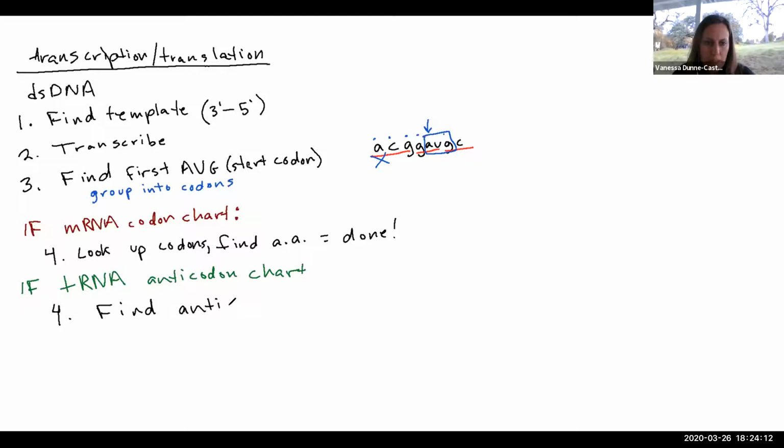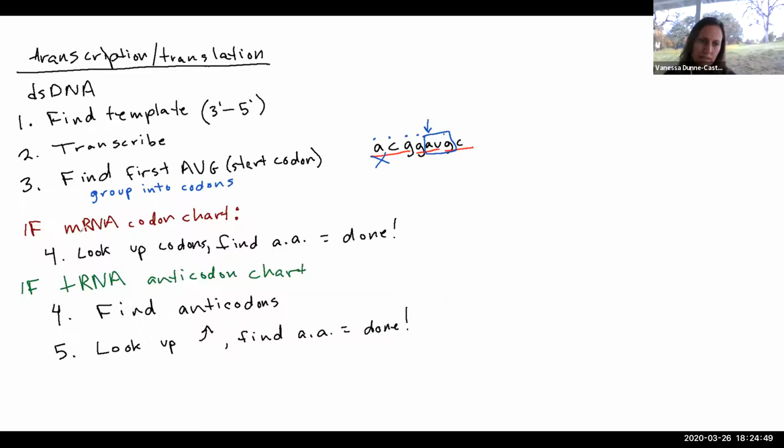In other words, if your first codon is AUG, then your first transfer RNA anticodon would be UAC, right? So find your anticodons, write them down. You don't need to worry about writing out strand orientation for this one. Once you find your anticodons, then you look them up in the anticodon chart and find the associated amino acids. And then you're done.